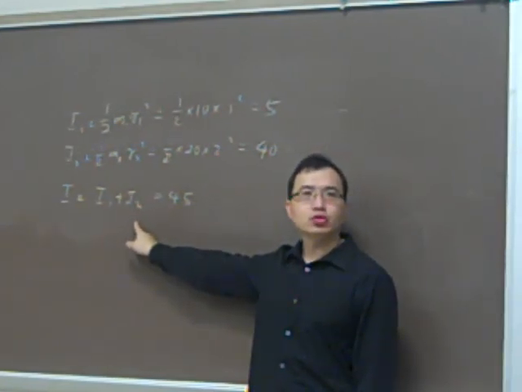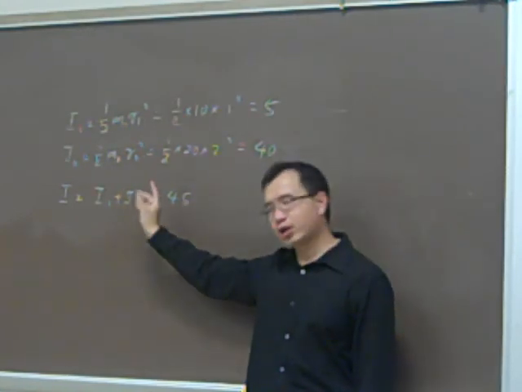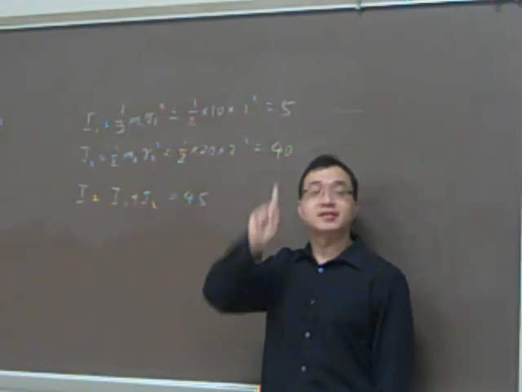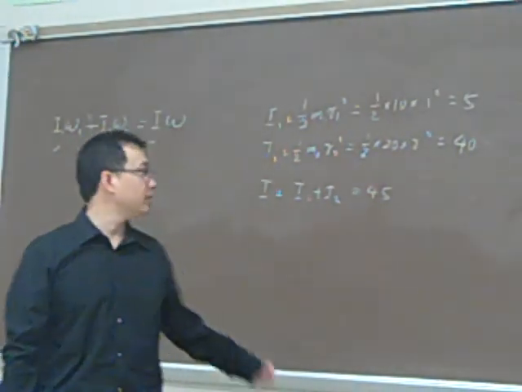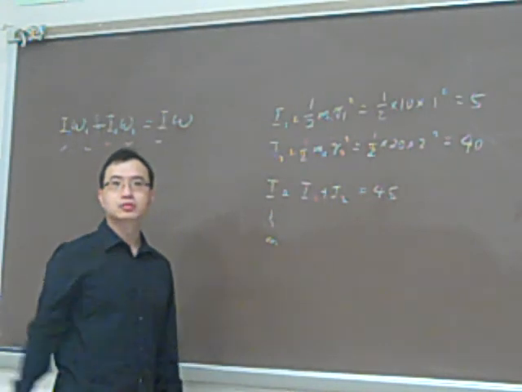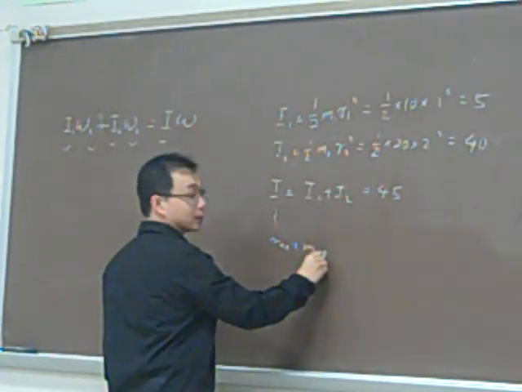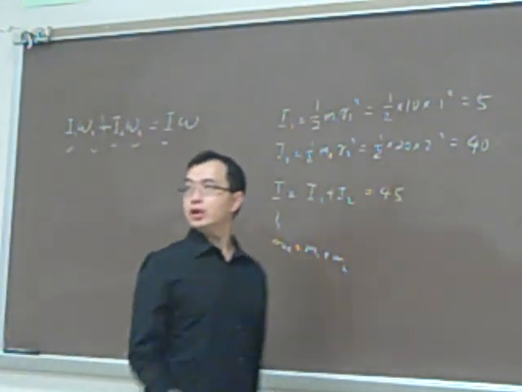The only thing you need to pay attention to is that all of them need to be about the same axis. But all of them should be positive. There is no negative I, because it's kind of like the mass. So that's why the total is simply m1 plus m2, just like this. Any other question?